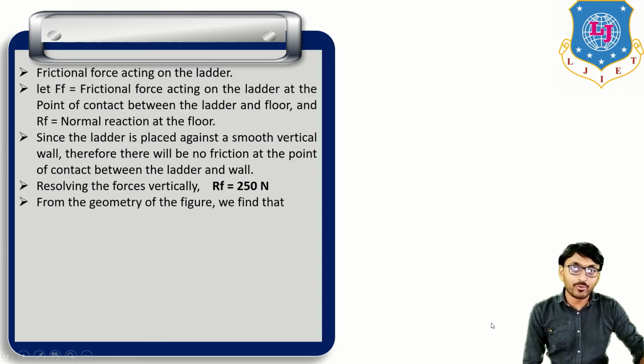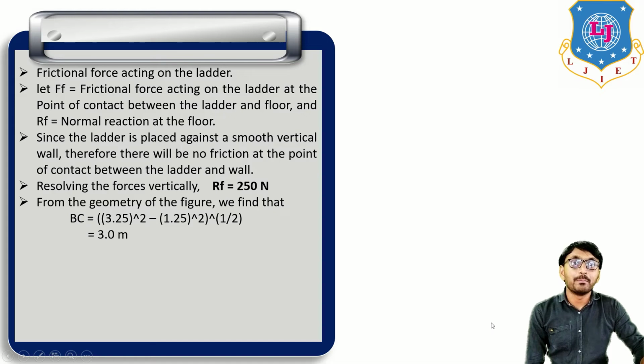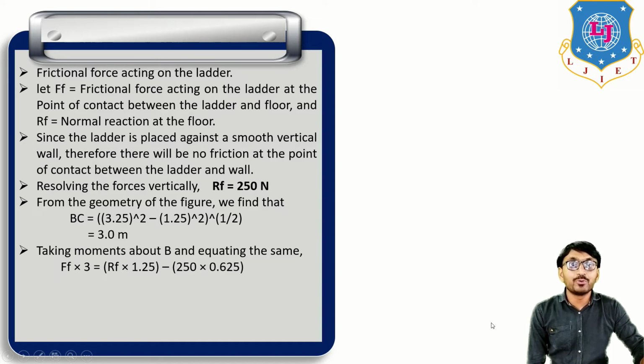Now from the geometry of the figure shown in the first slide, we find that BC is equal to the square root of 3.25 squared minus 1.25 squared, according to Pythagoras theorem. So it is equal to 3 meter. Now taking moment at point B and equating, FF into 3 is equal to RF into 1.25 minus 250, which is the weight, into 0.625.